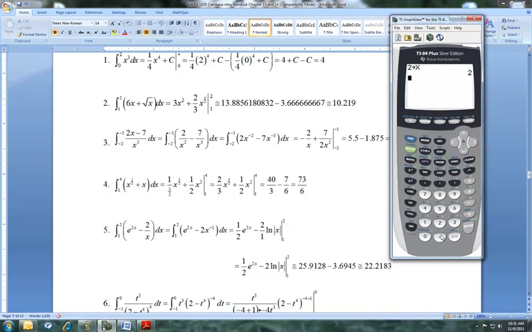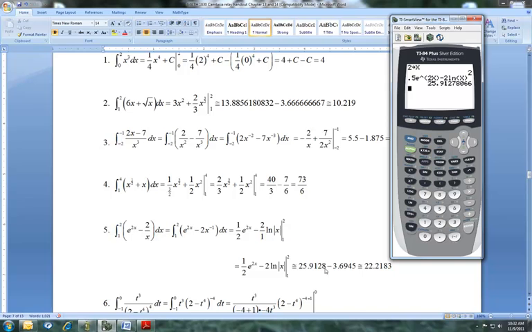So let's type in 0.5 second ln to the 2x minus 2 natural log. Now you don't have to put absolute value, it pretty much understands that. Unless we have to put in negative numbers, it's a different ball game, but we won't have to. So let's see if we get that 25.